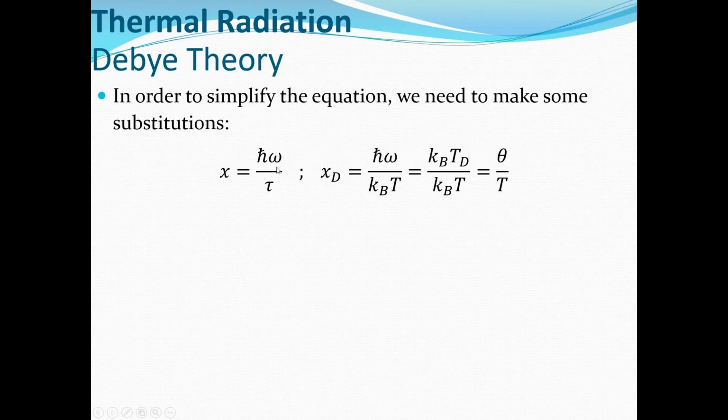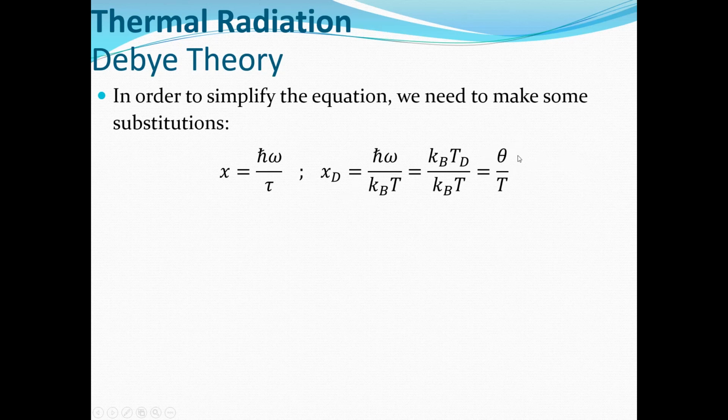So here we're going to define x as being equal to this term, and then we're also going to define x_D to be equal to this. You'll see why in a second. And then we're going to have this term be equal to this theta term.